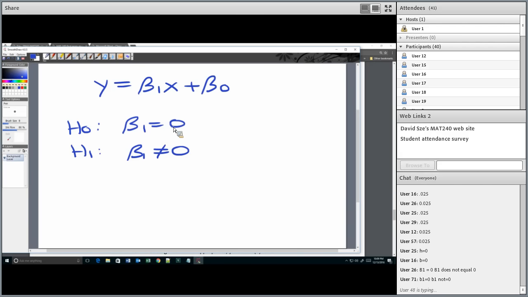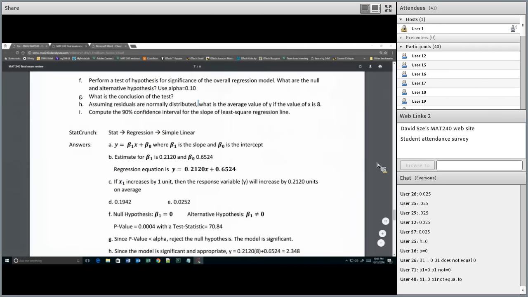Okay. Some of you have typed it correctly. Very good. So because if beta 1 is 0, then this becomes 0, and then y is just a straight line. Then there is no linear relationship. Under the null hypothesis, there is no linear relationship. But under the alternative hypothesis, there is a linear relationship. So that's the test I'm going to conduct. Okay. So it's given right here.